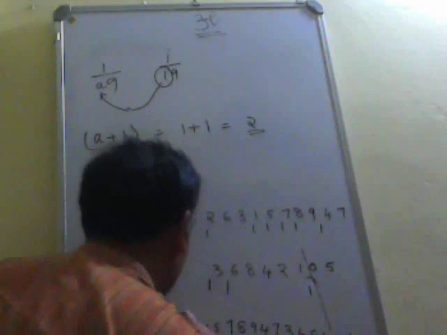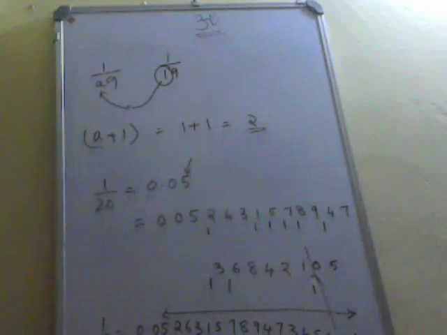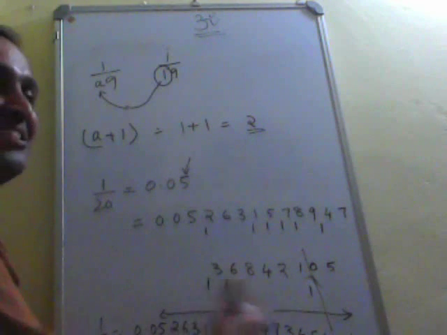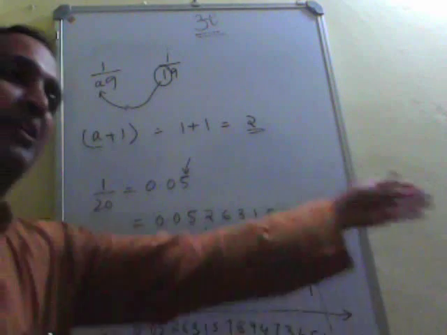After this, this whole thing will repeat again. Recurring digits like this you will not get in a calculator; it is beyond that.